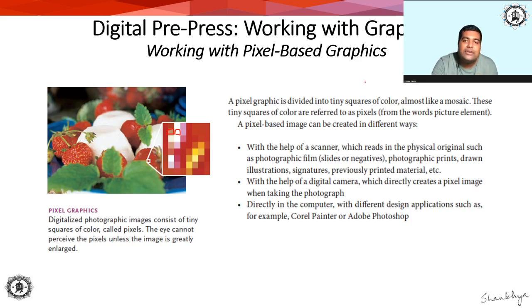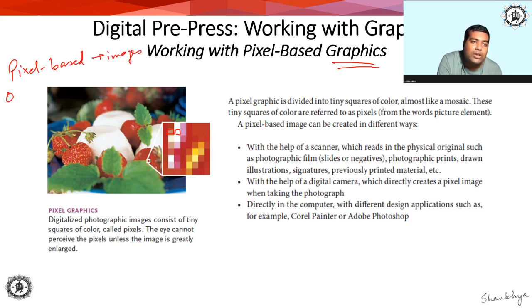Here I think I have written the term graphics, but it is better to distinguish between the terms images and graphics. I'll tell you why. The third point is that you can create those in Corel Painter and Photoshop, etc. Why am I saying this? It is very important for you to distinguish between these two terms. Whenever you are talking about pixel based, you refer to them as images, pixel based images.